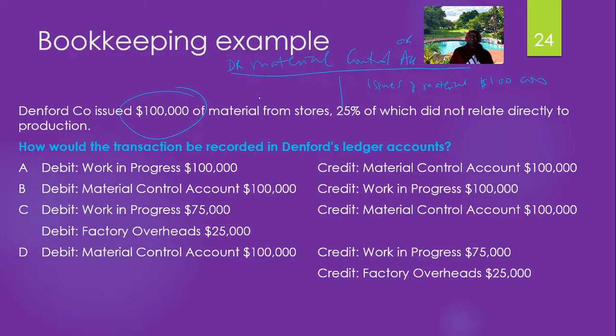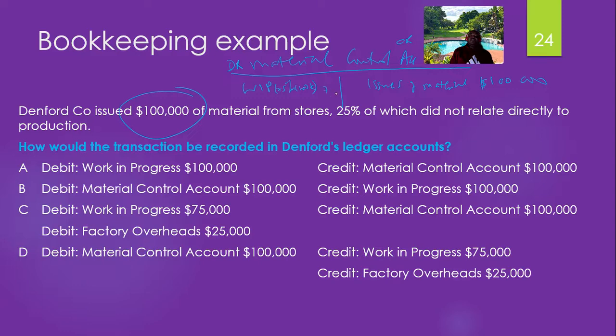But on the debit side, we are told that there were two uses. 75% was used for production, whilst 25% was used for non-production related uses. So for the 75%, we have to record work in progress, which was 75% of 100,000.